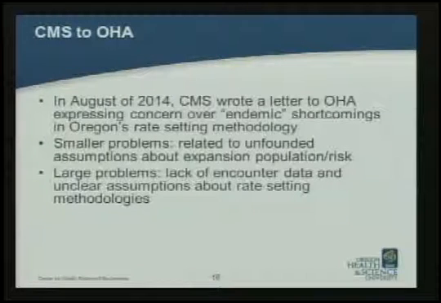There were some smaller problems that they brought up in that letter, mostly related to some unfounded expectations about the expansion population. In general, the Centers for Medicare and Medicaid said, you just seem to have overestimated a number of things, and we can't really find the assumptions you've made for 2014, and these numbers just look a little high to us for capitation rates, is more or less the substance of these smaller problems.